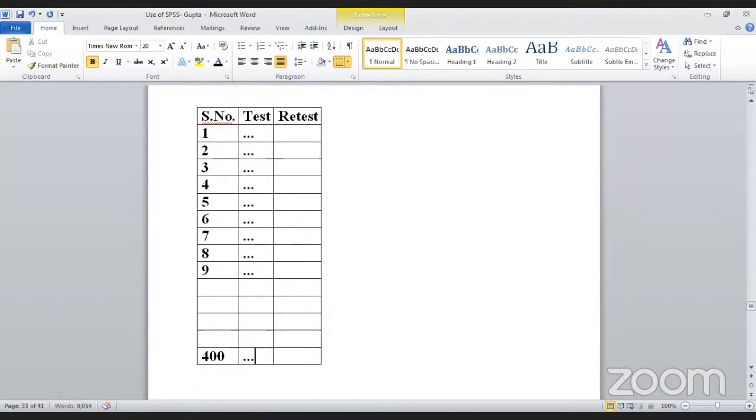So you have got their score. Now at the gap of 10 days or 15 days, whatever you want, you are administering the same tool, whether it is test or scale or inventory. This method will be applicable to all.